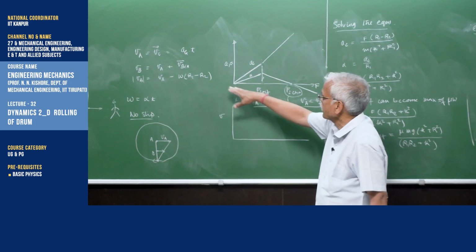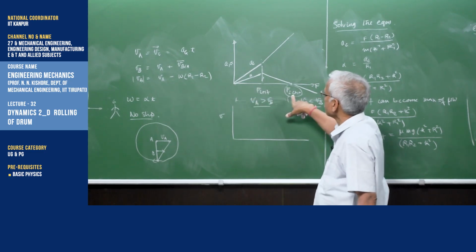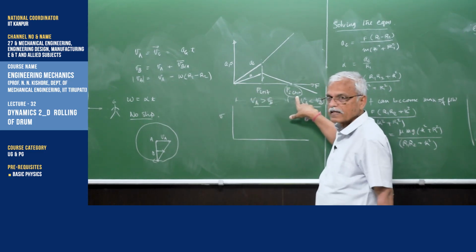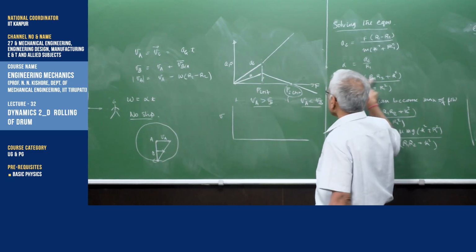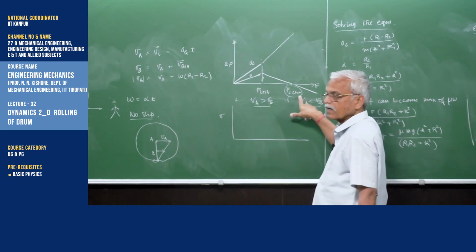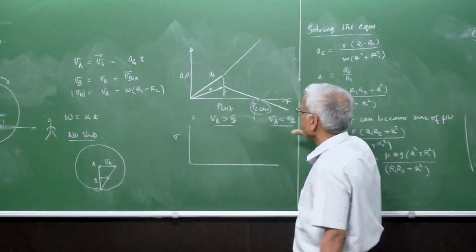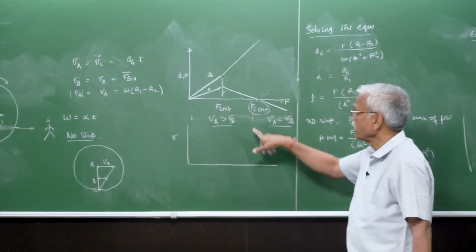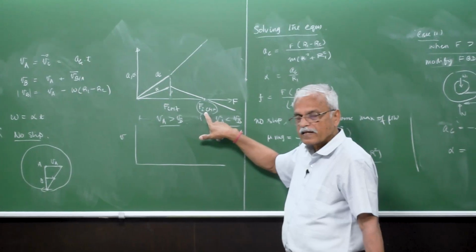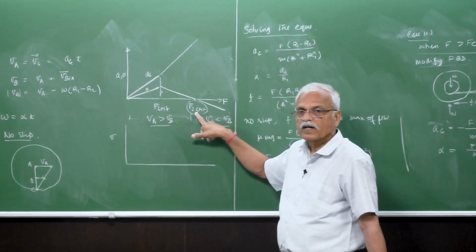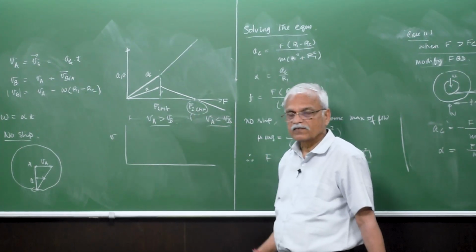I wish that you look at these equations and try to find out what this critical value is. This we have already solved. And what is this critical value? You can find out. In fact, you can draw another free body diagram where, to calculate this one, there is no alpha. Alpha is 0 here.